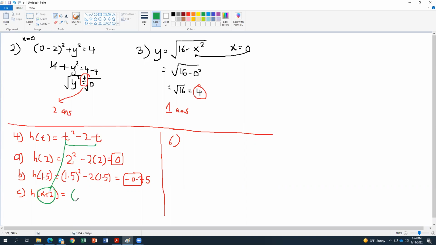So what happens is that your t in this case will be squared minus 2 times t. So this is replaced by x plus 2. So the meaning of h(x + 2) is you replace all your t here with x plus 2. The first thing is you guys have to square this. So does anyone know how to do (x + 2) squared?